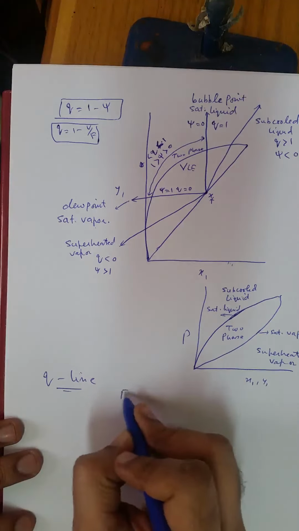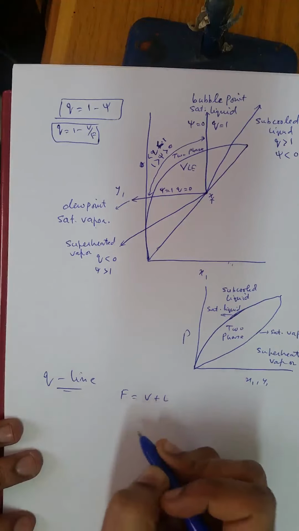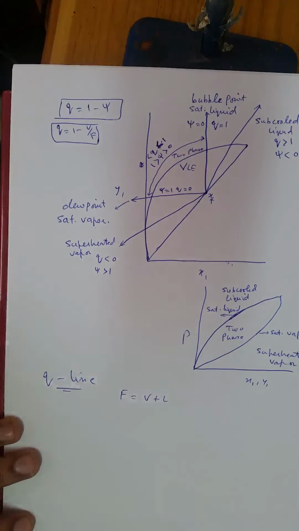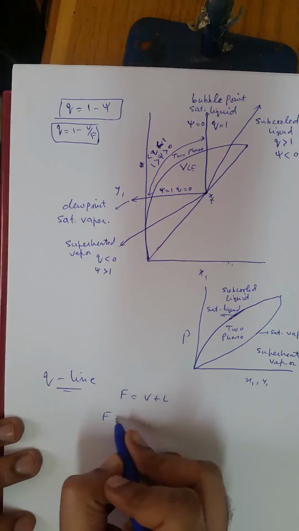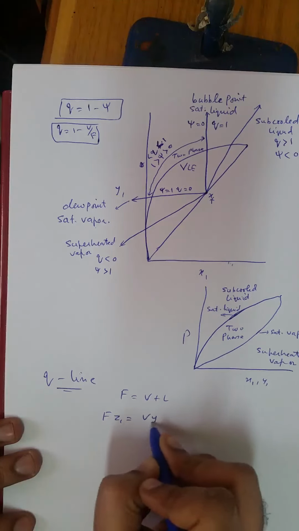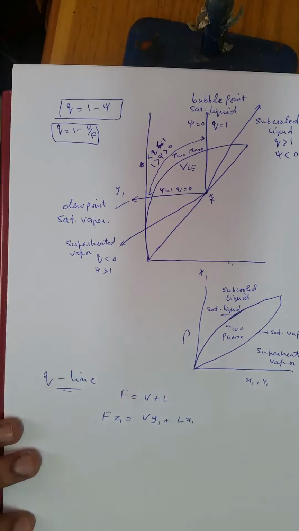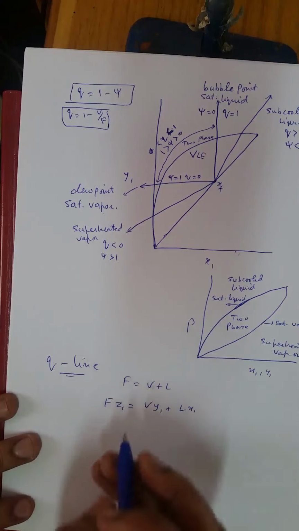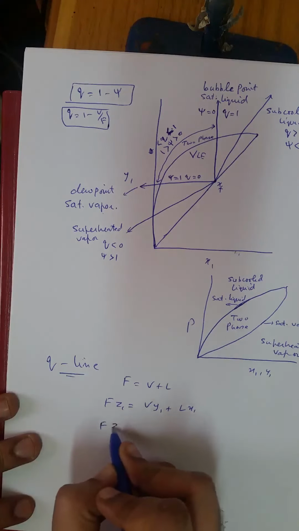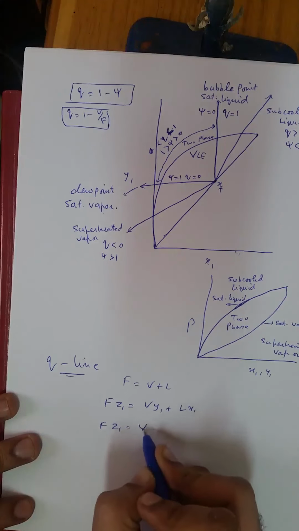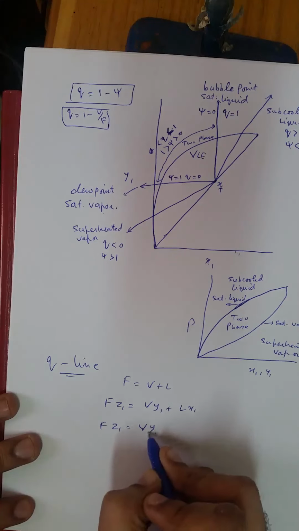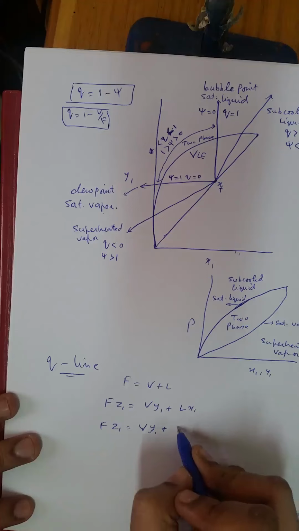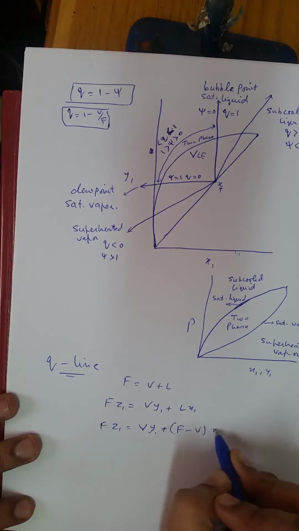So we know already F is equal to V plus L from flash, and we already know F Z1 equals V y1 plus L x1. So we eliminate L, so F Z1 equals V y1 plus F minus V x1.